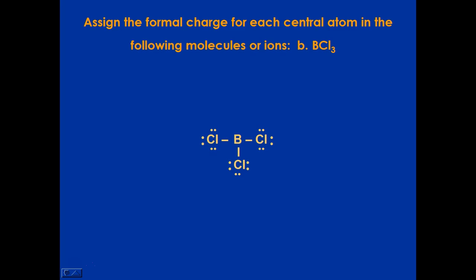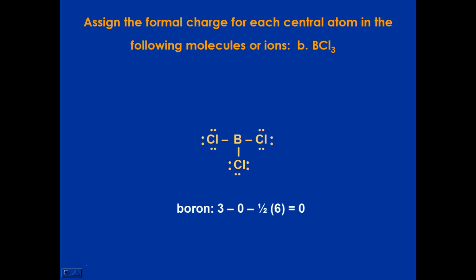For BCl3, if we look at boron, boron starts with 3 valence electrons. It has 3 pairs of electrons that are shared with it, so it's sharing 6 electrons and it has no lone electrons. So 3 minus 0 for the lone electrons minus half of 6 would give me a formal charge of 0.